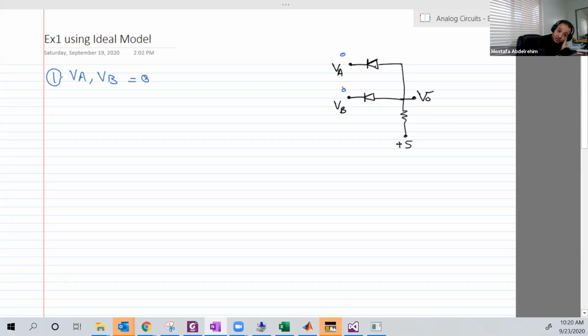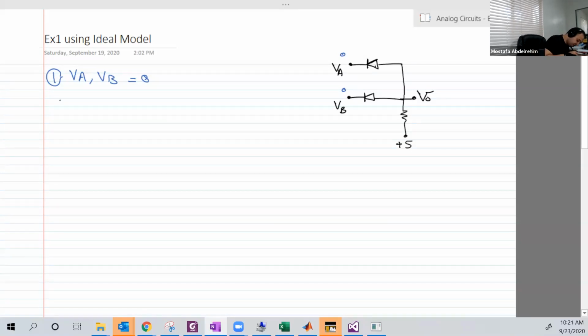then again we can ask ourselves the question, okay, if DA or DB is on or off. Since they are identical branches and we have identical voltages, then by your smartness they will both be on or both off, both forward or both reverse. Same operating point. So in that case here, the P side is closer to 5 volt, the N side is closer to 0 volt, so it's probably forward and on.